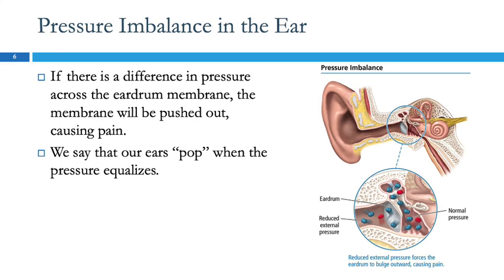So when we go up the mountain, the air outside has lower pressure, and the air inside our ear has greater pressure, and that causes the eardrum to bulge outward until your ear pops, right? And that popping sensation is when the eustachian tube opens enough that it lets the excess pressure out to equalize the pressure inside and outside.